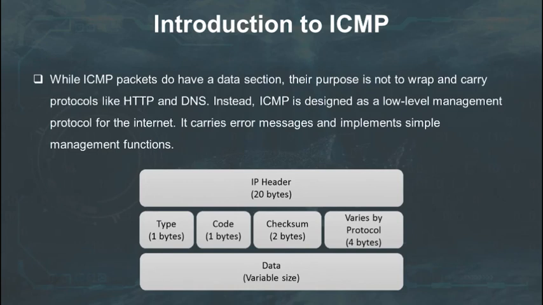Then is the ICMP header, which in total consists of 8 bytes. As you can see, the type is 1 byte, the code 1 byte, and so on and so forth. And the last one is the data section, or ICMP payload, which occupies the rest of the bytes.